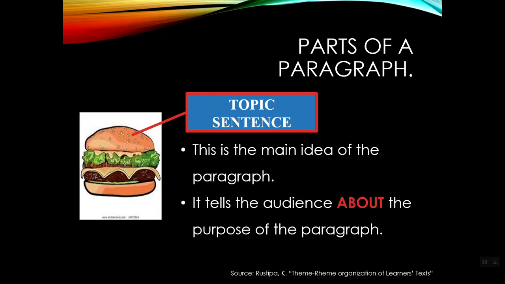And it tells the reader or your audience about the purpose of the paragraph. Why is it there? What are you trying to present? What's the main theme? Now, if you have two things you want to talk about, then you should present them with two paragraphs, because each paragraph equals one idea. So if you have two ideas, then two paragraphs. Simple math, okay?